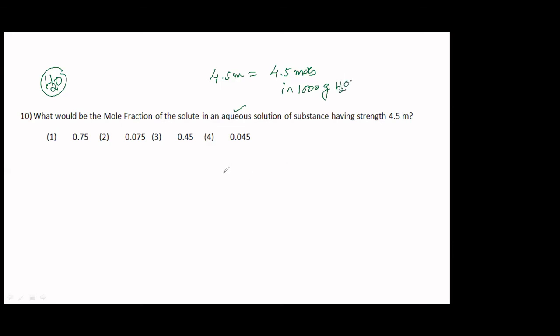So therefore the mole fraction of the solute is 4.5, that is the number of moles, divided by 4.5 plus 1000 divided by 18. So this will be 4.5 divided by 4.5 plus 55.55. When you do the calculation, you will get 0.075. That's correct. Okay, 0.075. Fine.